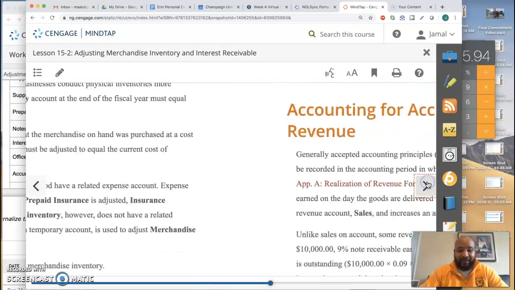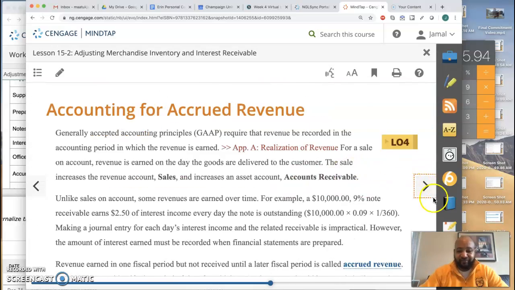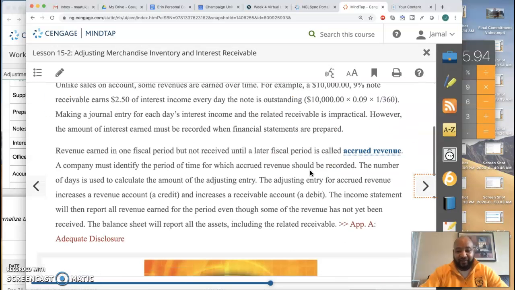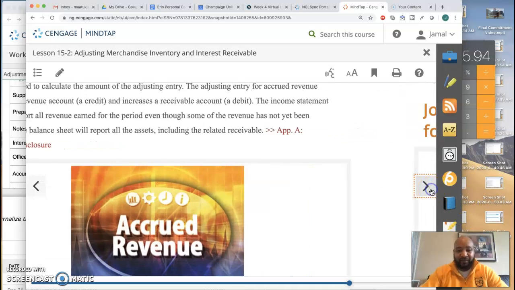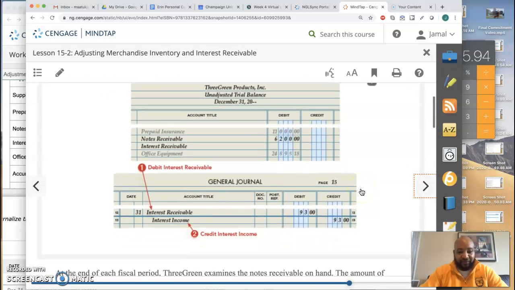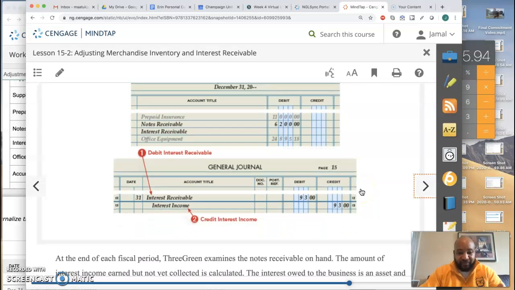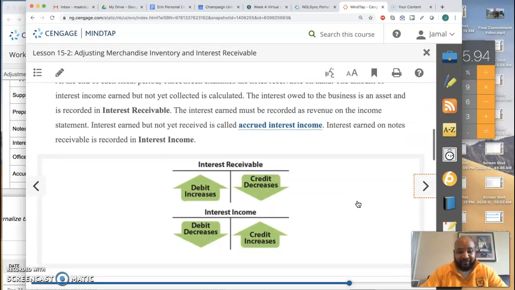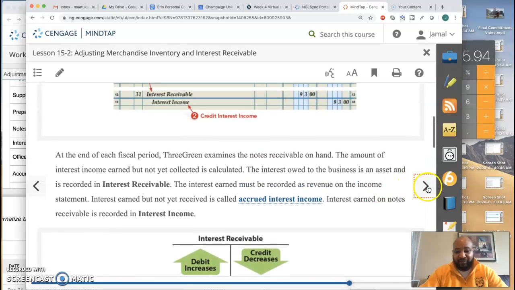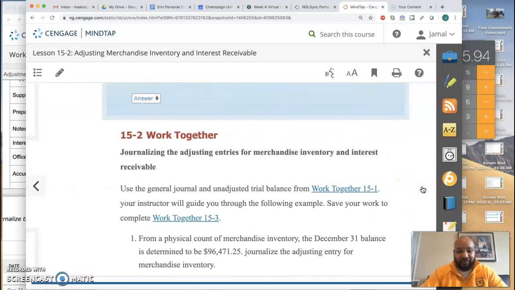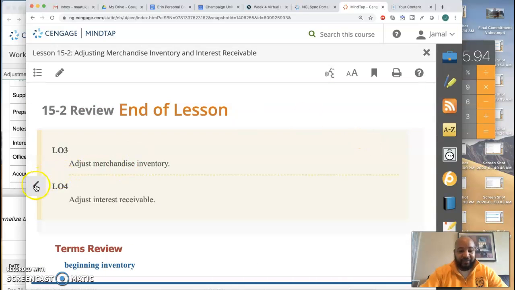Let's go to the next page. Accounting for accrued revenue, and that's what this is, right? So good. Here's our notes receivable. So we have interest receivable, interest income. What's going up, what's going down. And that's what we're looking for.